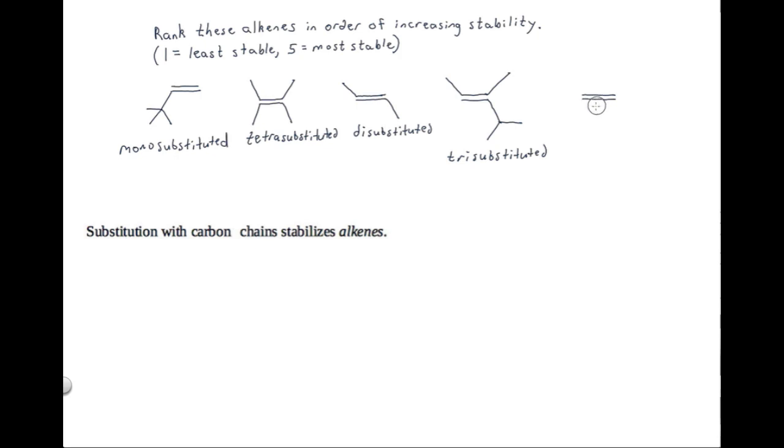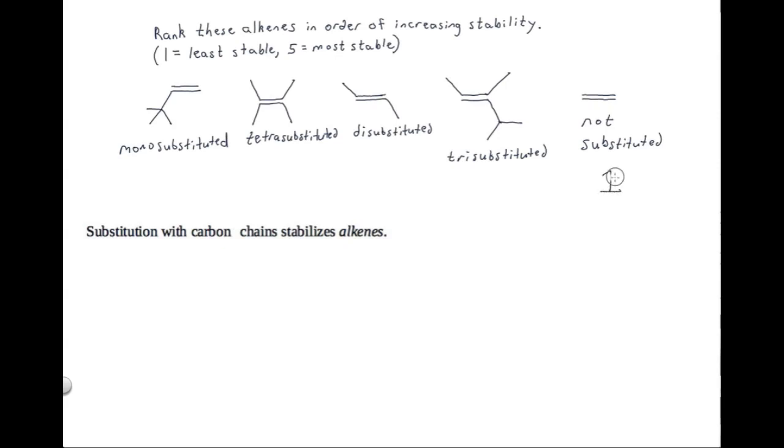And this one we could say is just not substituted. You could say it's substituted with 0 carbon chains, or you could just say it's not substituted. Well, remember, substitution stabilizes alkenes. So the least stable would be the least substituted.